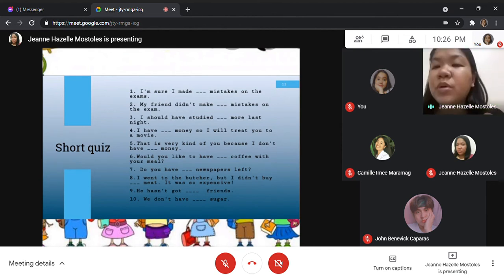For number two, Benedict? Number two, my friend didn't make blank mistakes on the exam. Any. Yes, because it is a negative sentence, because it has the word didn't. For number three, Miss Amy. Number three, I should have studied blank more last night. My answer is some. Correct, because it is a positive sentence.